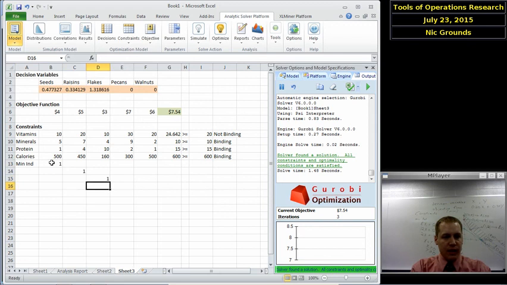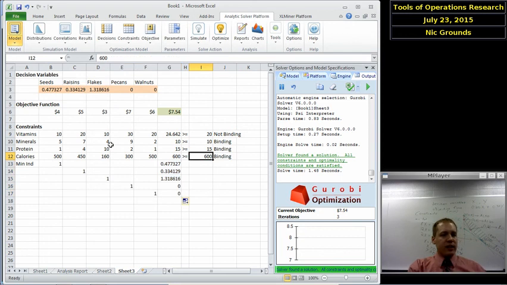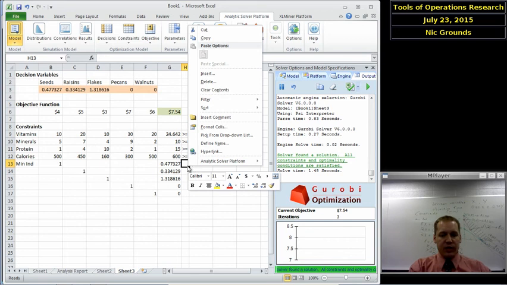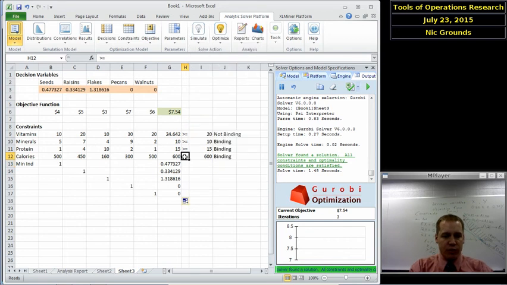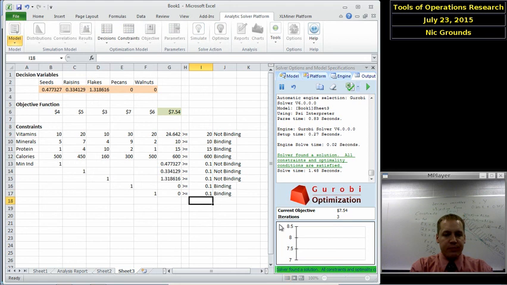Okay? And I'm just going to use 1 times each ingredient, okay, in 5 different lines. And I'm going to constrain each of those, like before, to be greater than or equal to some minimums. And let's just say we want to at least include a 1/10 of a pound of each ingredient.